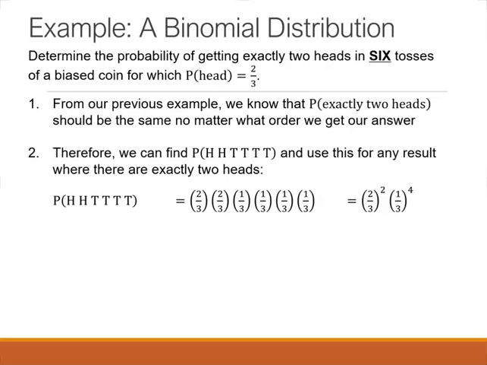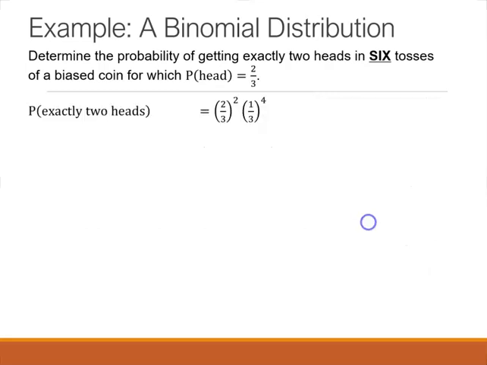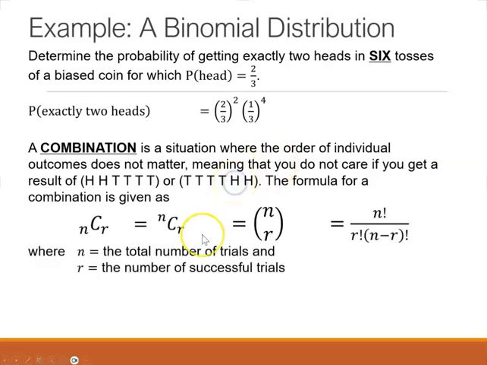Now I need to count how many combinations I can make where I get 6 coin flips and get 2 heads. We have a formula to calculate this, to count the number of combinations. There's a couple of different ways you can denote it.